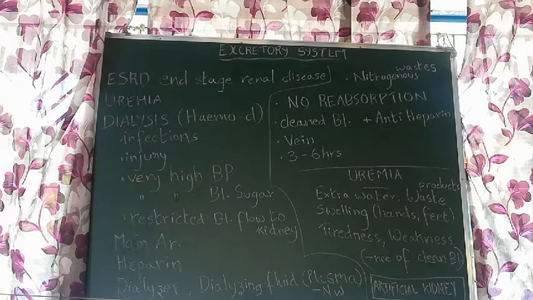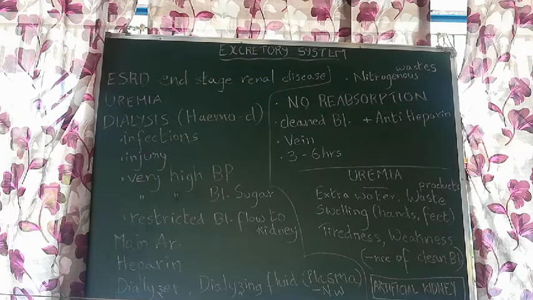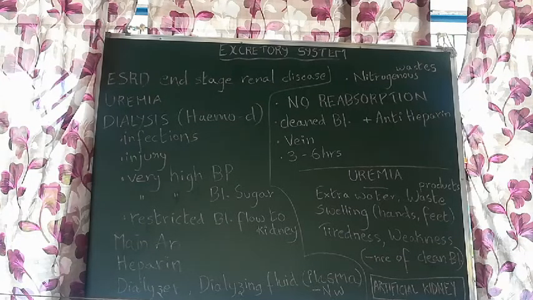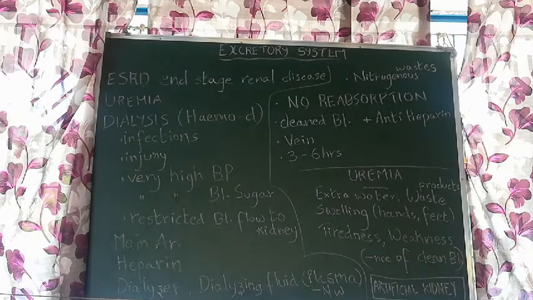Now what are the factors that cause the need for hemodialysis? During infections and injury to the kidney, where the kidney undergoes failure, and also very high BP and very high blood sugar. Very high BP and very high blood sugar also damage the kidney.